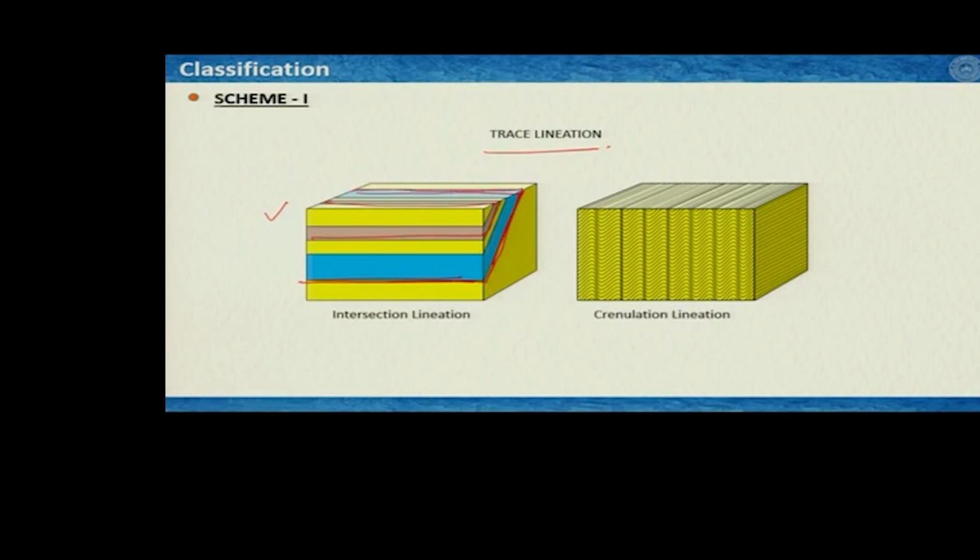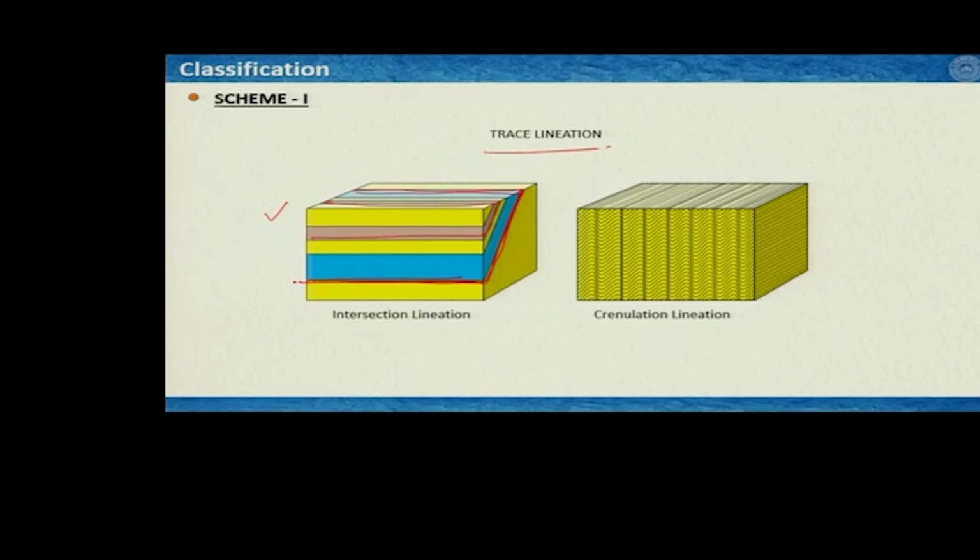These are sometimes very important in figuring out the orientation of the actual bedding plane. So, you have this lineation, you have this lineation, and by using the stereonet you can figure out the dip and strike of this blue plane here.